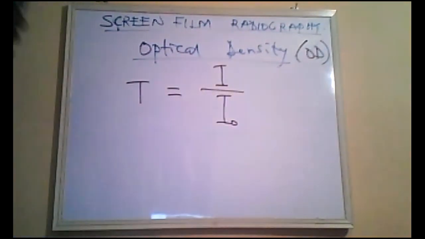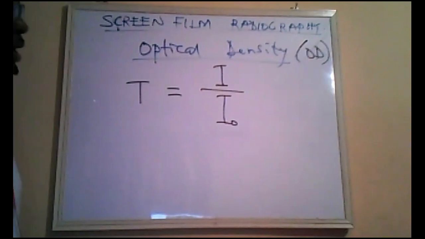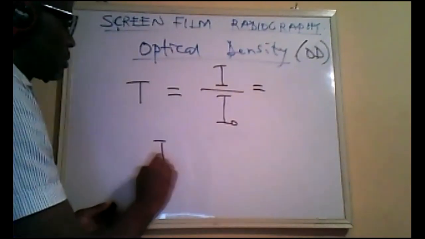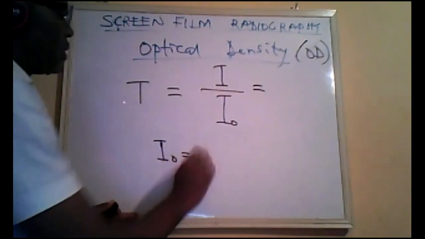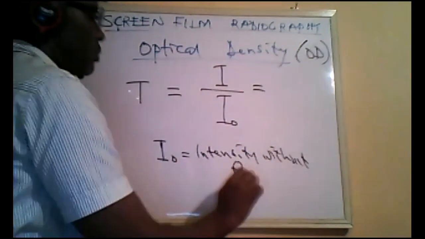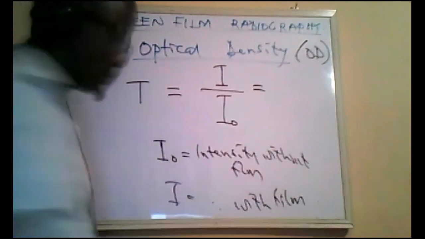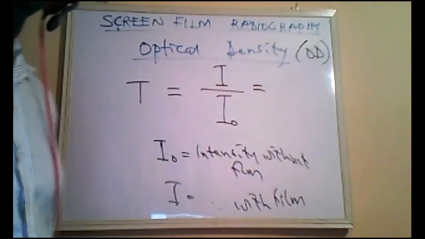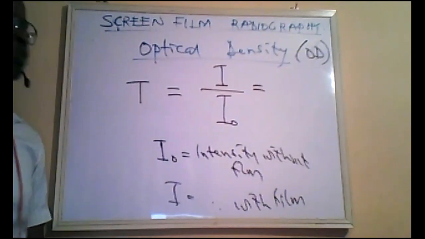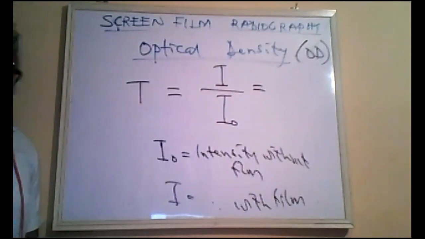Transmittance of light has got to do with a ratio of intensities of light: the intensity without film, I naught, and the intensity with film, I. If you want to look at the transmission, how much light can be transmitted through a film, of course the film must have been darkened with X-ray.